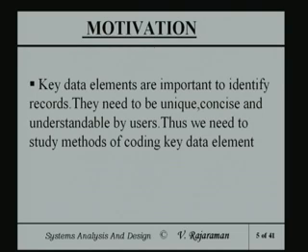Key data elements are extremely important to identify records. Like for instance, if you are looking at student examination results, the key element is roll number. If any error is made in the roll number and two roll numbers are equal, then obviously you have a real difficulty at the last moment.